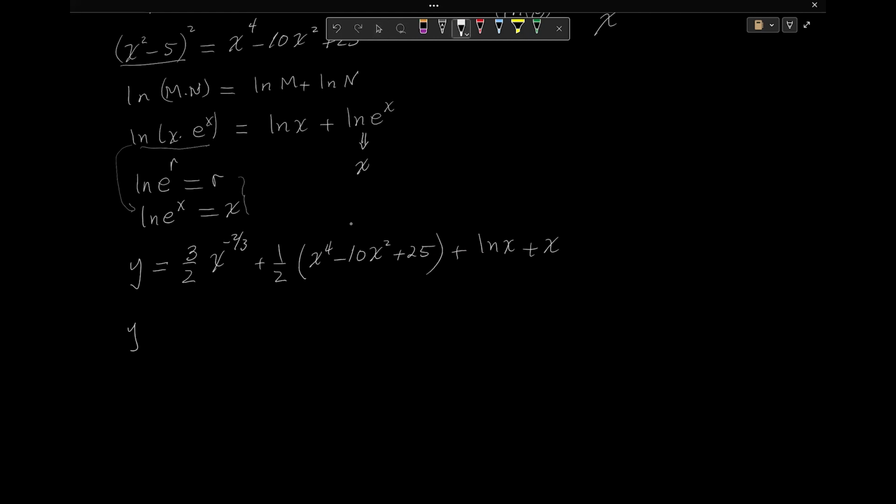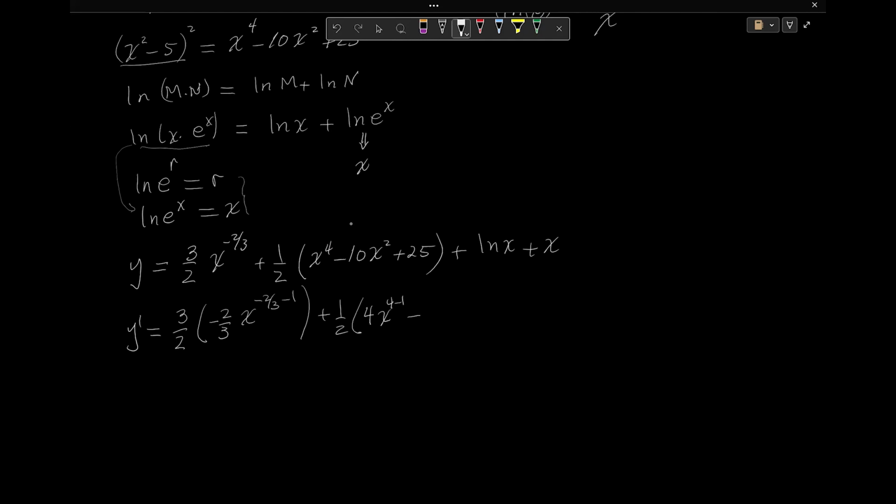So y prime, here we have the 3/2. We drop the power from x to 1 less power, and that's it. Plus 1/2 comes along for the ride. Excuse me, derivative of x to the 4. Again, drop the power, x to 1 less power.